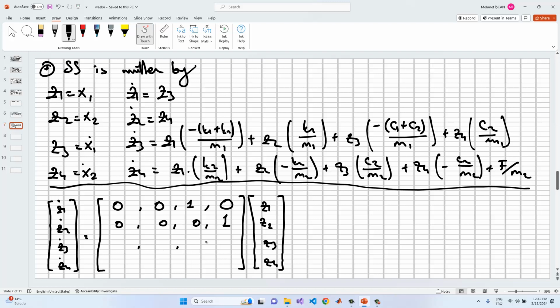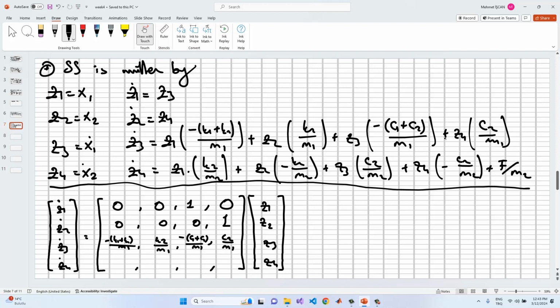And after that, the third row: minus (k1 plus k2) divided by m1, and k2 over m1, and minus (c1 plus c2) divided by m1, and c2 divided by m1.